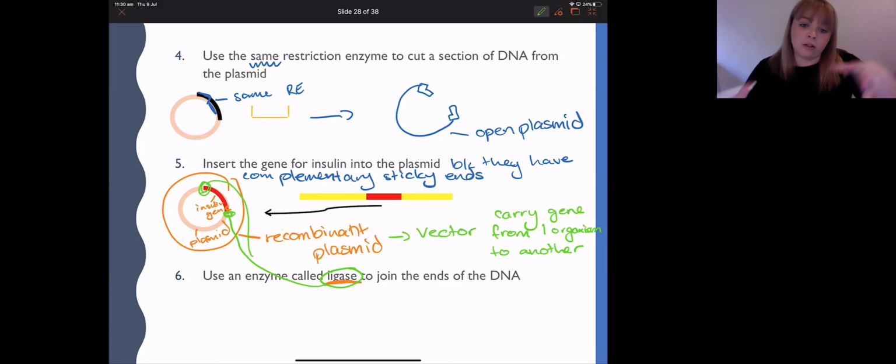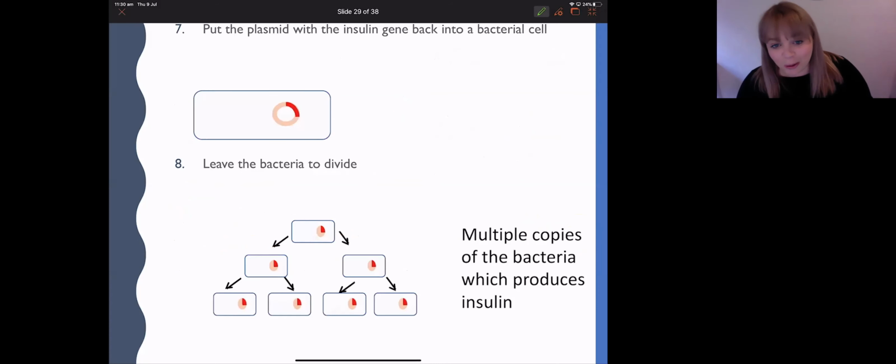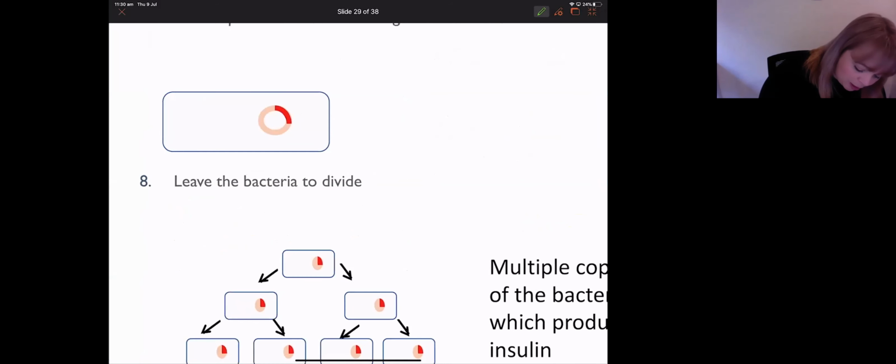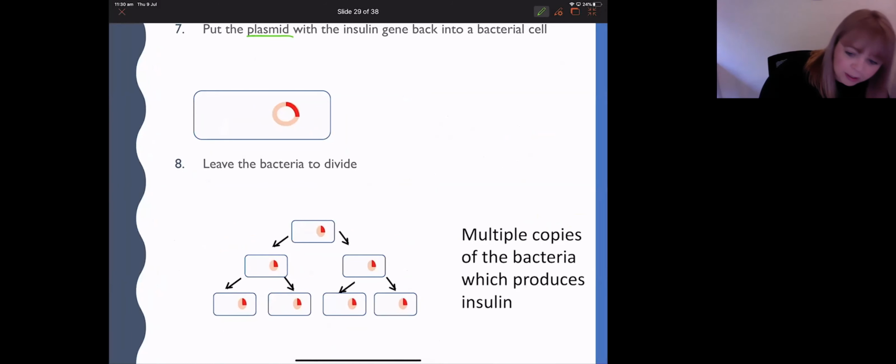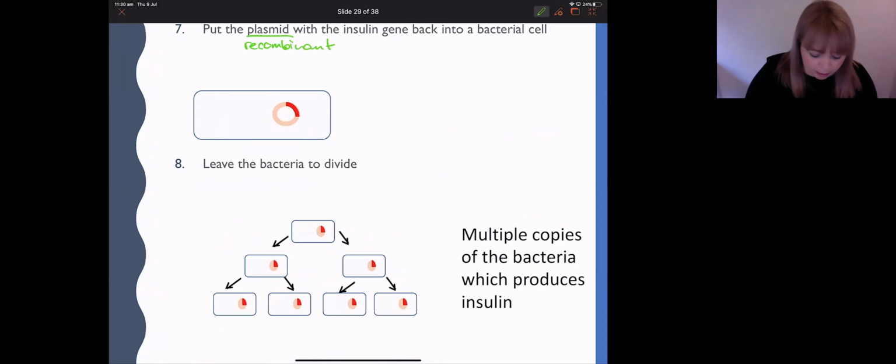They are just literally carrying the gene for insulin back to the bacterium. So the most important thing is to make sure you put the, sorry guys, I want you to change your notes here. So when it says plasmid, I want you to put the recombinant plasmid with the insulin gene back into the bacterial cell. So here is the recombinant plasmid. You put it back in the bacterial cell.